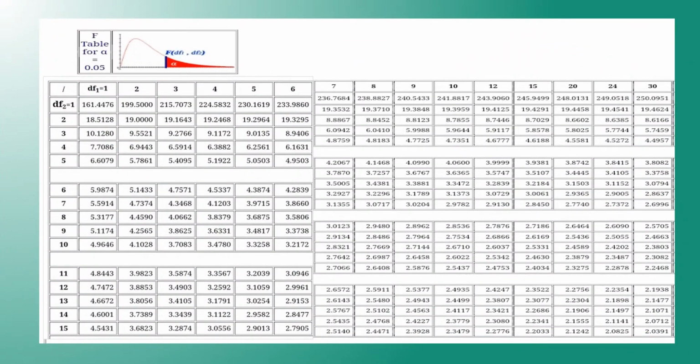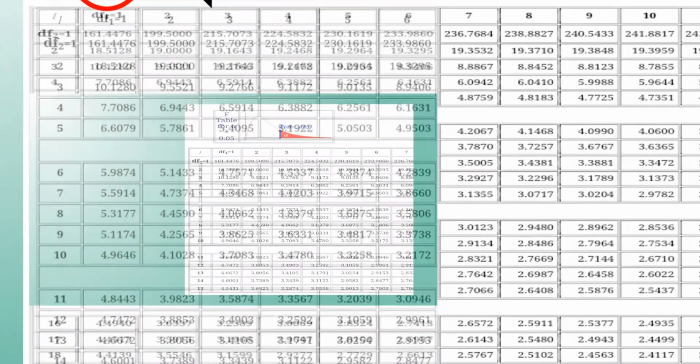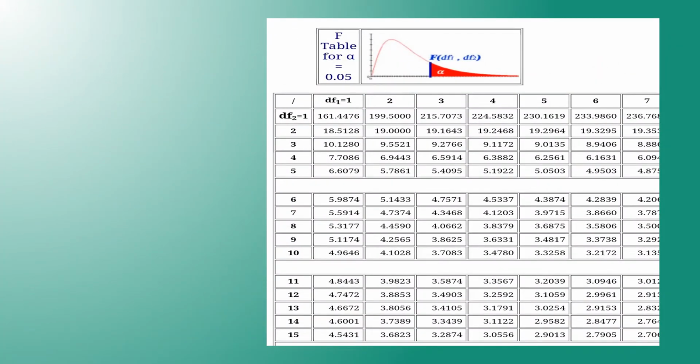So next, we're going to locate it in the F distribution table for alpha equal to 0.05. For factor A, our DFN, or degrees of freedom numerator, is equal to 1 and our DFD, or degrees of freedom denominator, is equal to 12. Then, look at the table where the two degrees of freedom meet: degrees of freedom equal to 1 and degrees of freedom equal to 12.